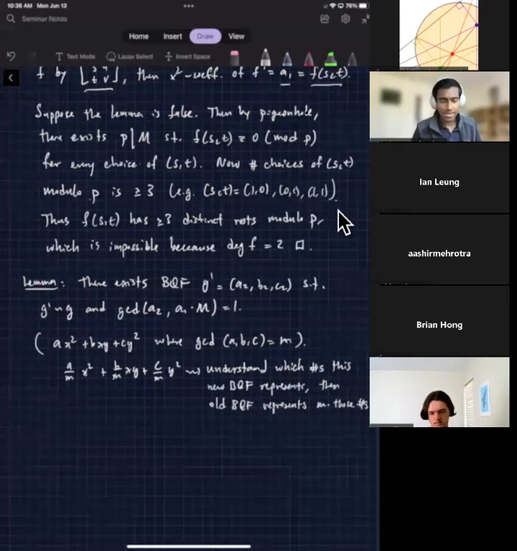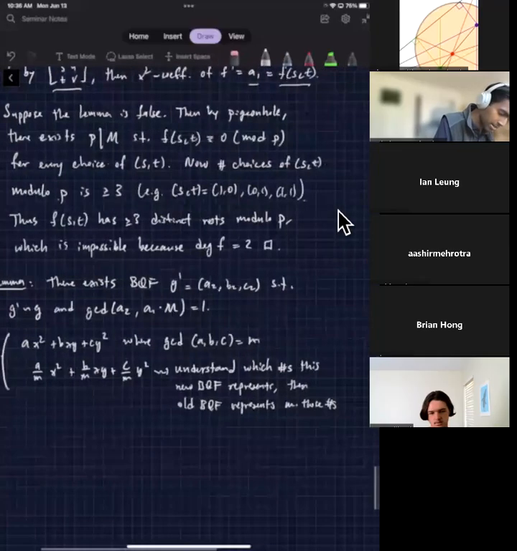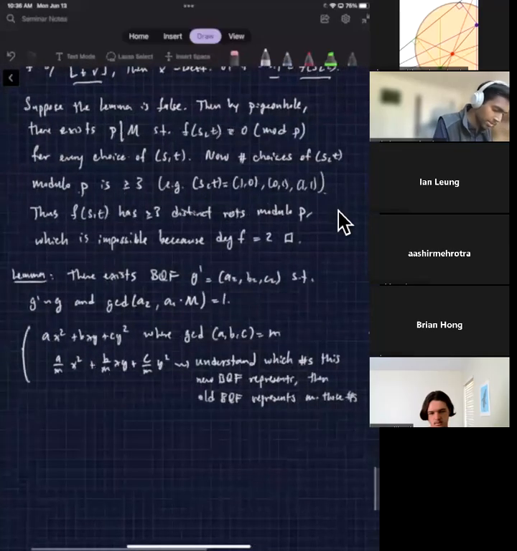So understanding the ones where the GCD is 1 is enough in some sense. Okay. So that was all just an aside about why we can restrict to these BQFs where the GCD is 1.